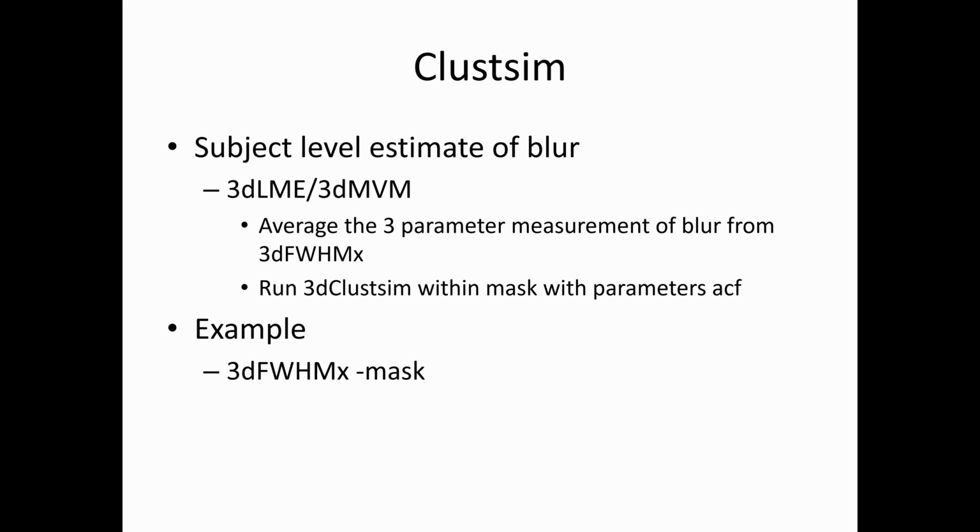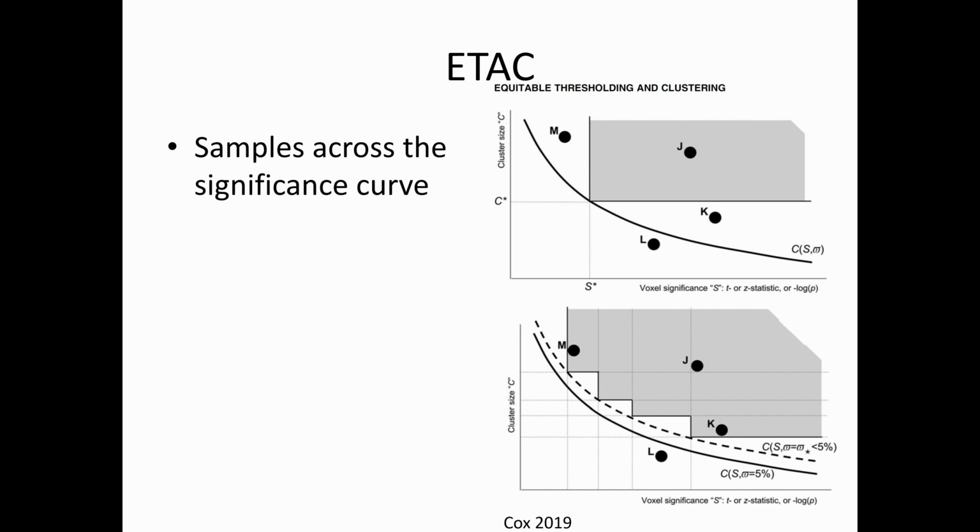Now, you may wonder, why do they still continue to call it 3D full width half maximum, which is the 1 parameter of a Gaussian model, if it no longer reports back the 1 parameter of a Gaussian model, and it instead gives you the 3 parameters of the ACF fit? I don't have an answer for that. I also don't know what the X is doing there. But it works to do the thing that you want it to do.